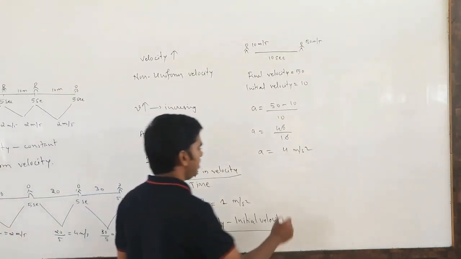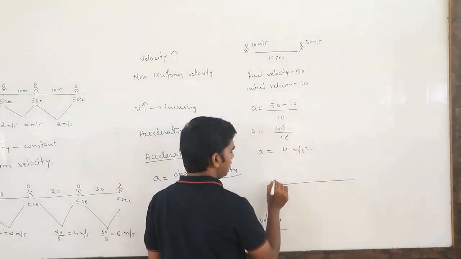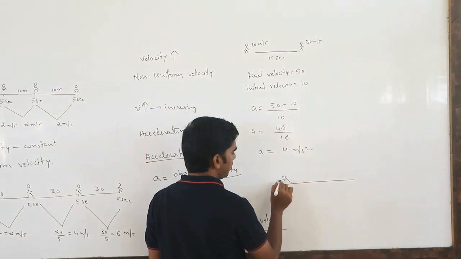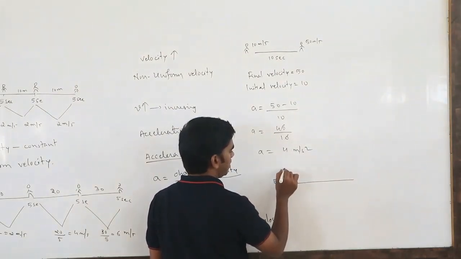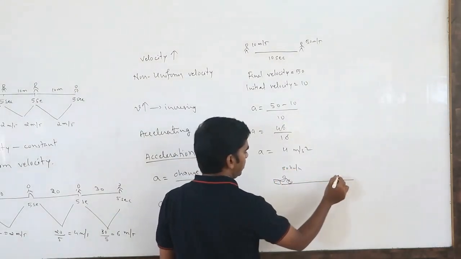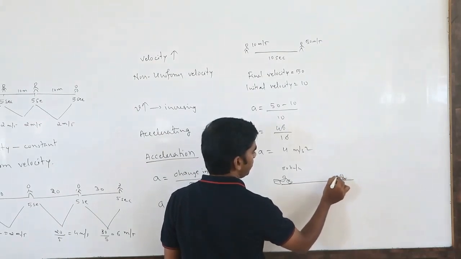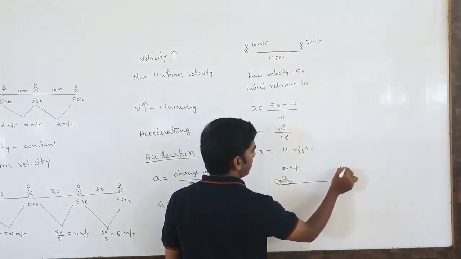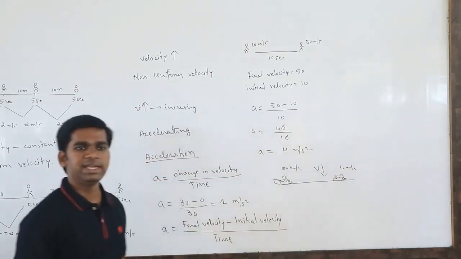Suppose your velocity is decreasing. Your vehicle is already going with say some 50 km per hour, and here your velocity will become say 10 meter per second. Here what is happening? Your velocity is decreasing.